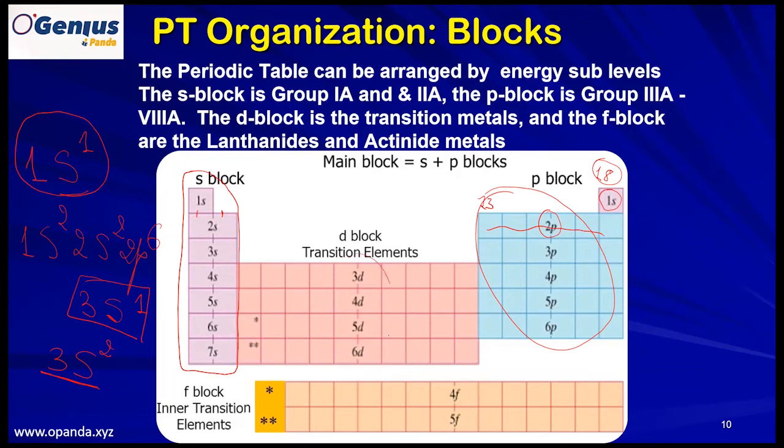We also have D block and F block, and as with S and P, their elements are classified in those blocks because the last orbitals which are being filled are D or F. So if the orbital which is being filled is D, then the element will be in D block, or if it is F, the element will be in F block.